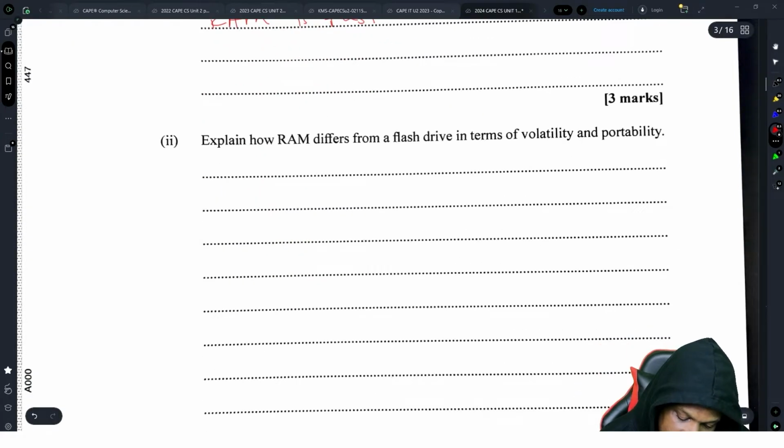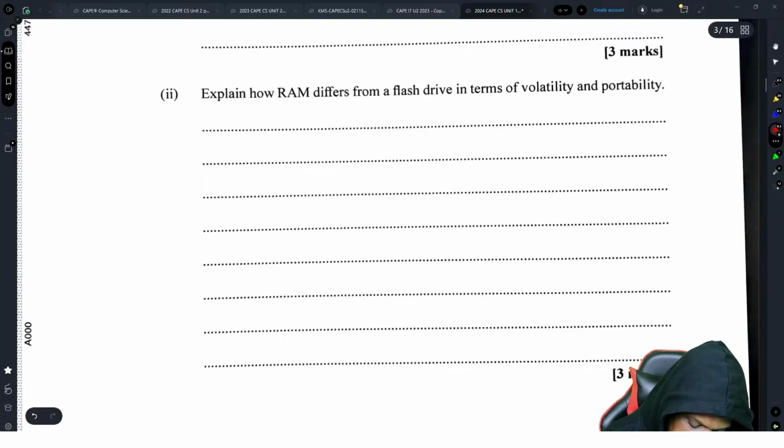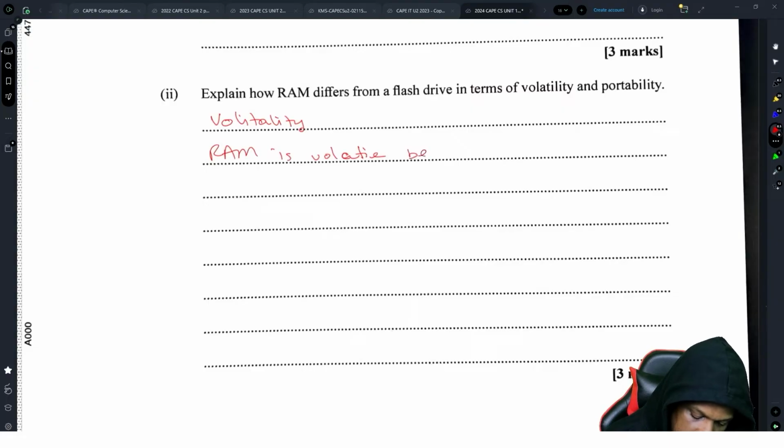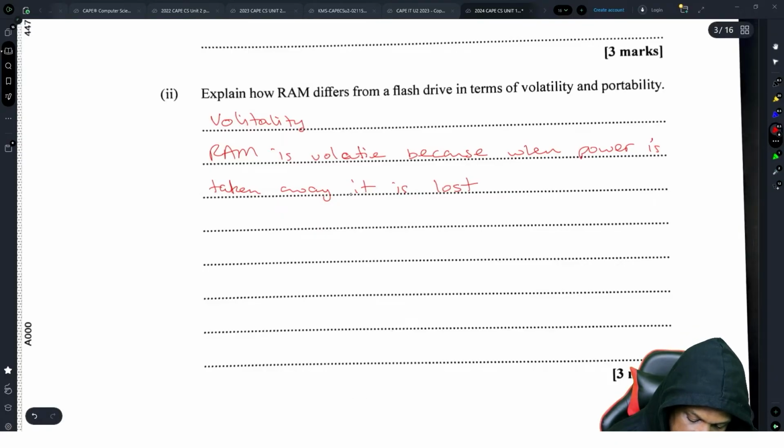Explain how RAM differs from flash drive in terms of volatility and portability. Volatility. RAM is volatile because when power is taken away, data is lost.